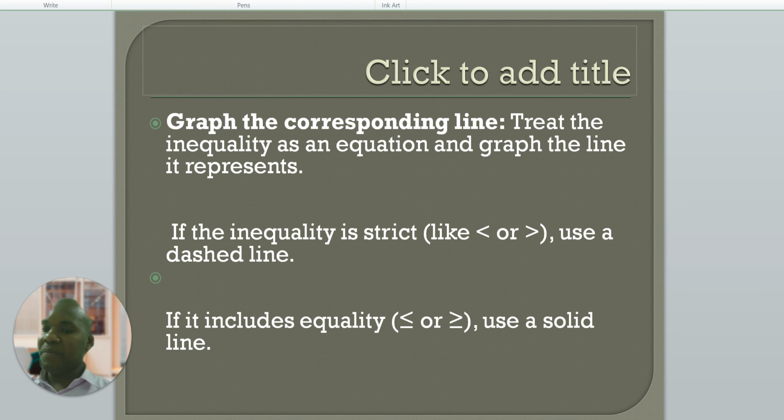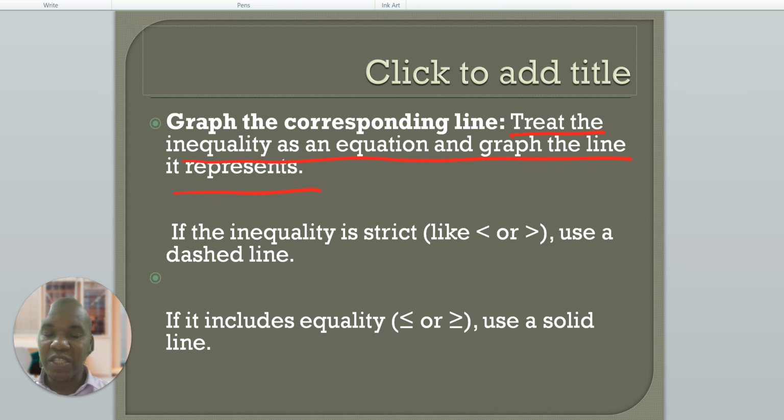We are going to the second step. The first step, we say that you present the given inequality in slope y-intercept form. Then you are going to graph the corresponding line. And here it is very important: treat the inequality as an equation and graph the line it represents. You treat the inequality as just an equation, and you draw the graph as it is.